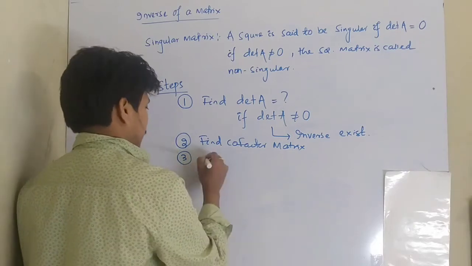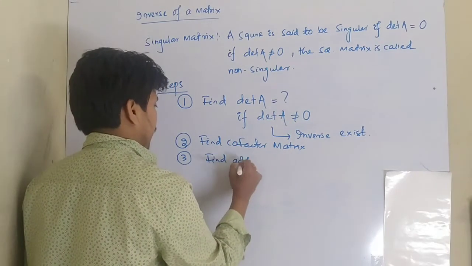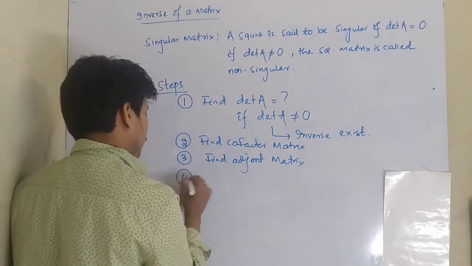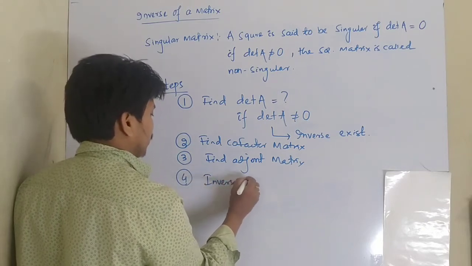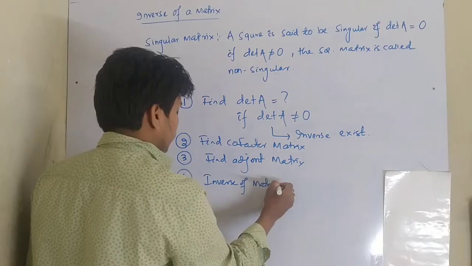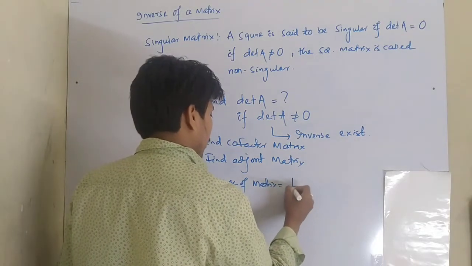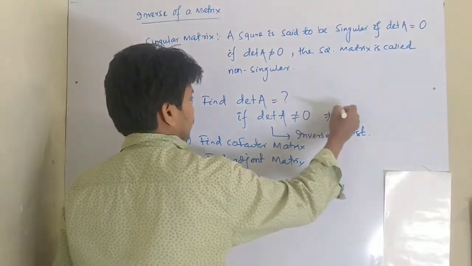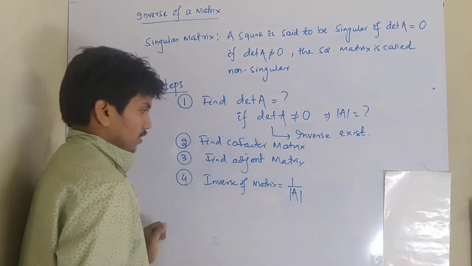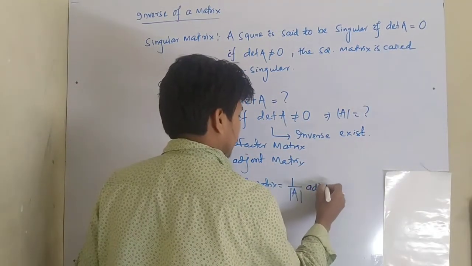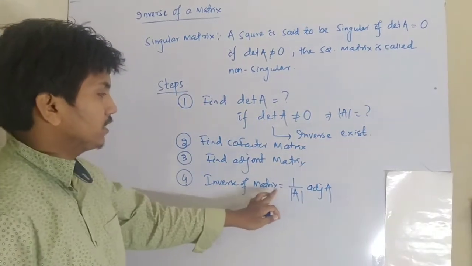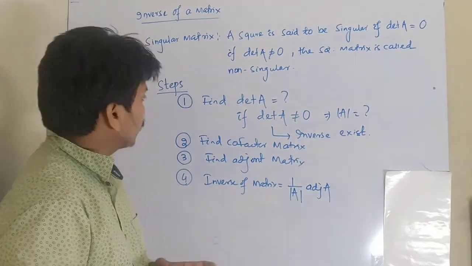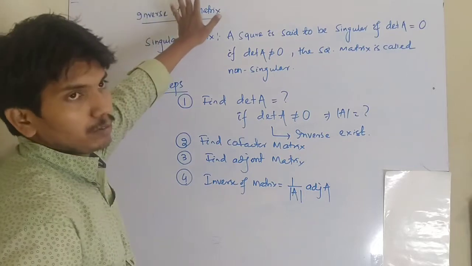Number 3, find the adjoint matrix. And number 4, the inverse of the matrix is equal to 1 by determinant A into adjoint A. So these are the 4 steps to find out the inverse.